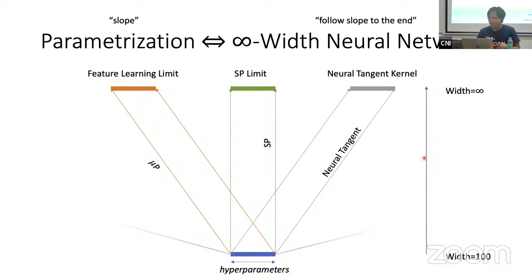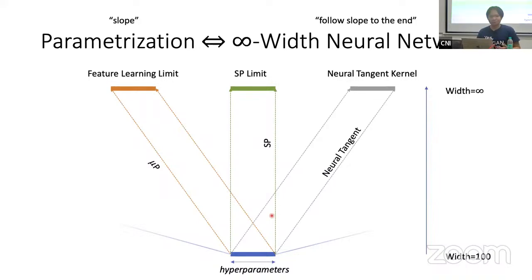Now, let's come back to why UP should be able to preserve the optimal hyperparameter. The question is, if you know how the optimal hyperparameters for each width look, it's like some curve that goes to infinity, and as mortals, we can only ever see a very small part of this curve.